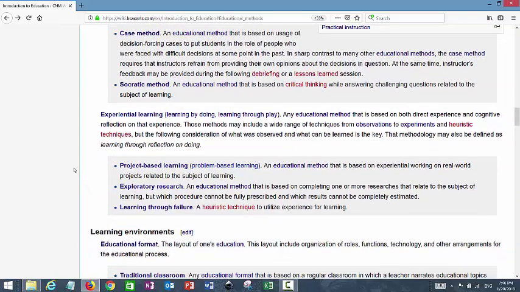So experiential learning, in other words learning by doing or learning through play, is any educational method that is based on both direct experience and cognitive reflection on that experience. Cognitive reflection is the key, because technically you can have some experience, but it does not necessarily lead you to learning.